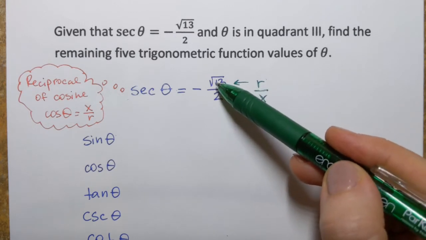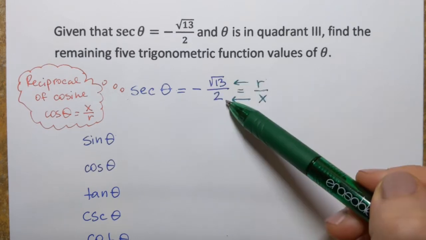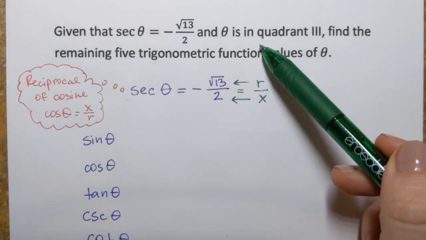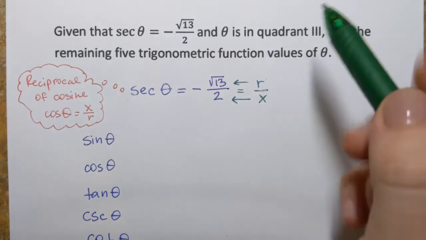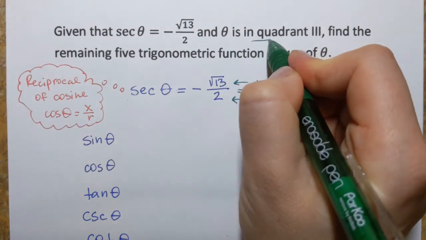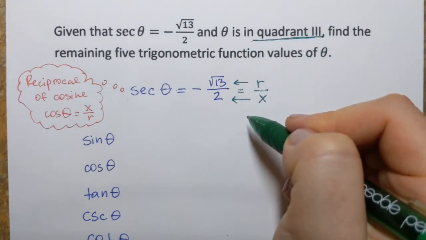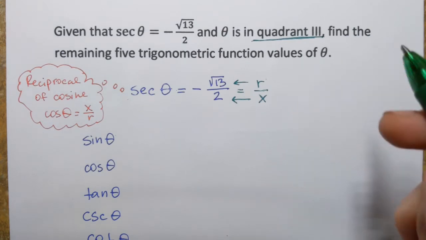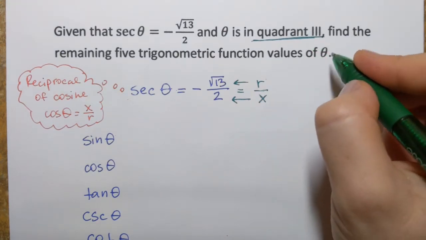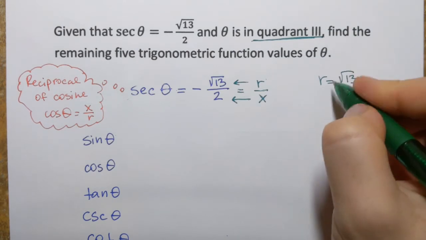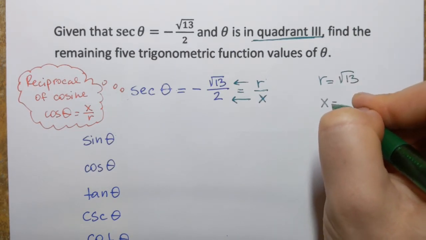So we're not going to put it next to the square root of 13. So we must put that negative next to 2. And in fact, we can confirm that by recalling that theta is in quadrant 3 and x is indeed negative in quadrant 3. So from here we know that r is square root of 13 and x is negative 2.